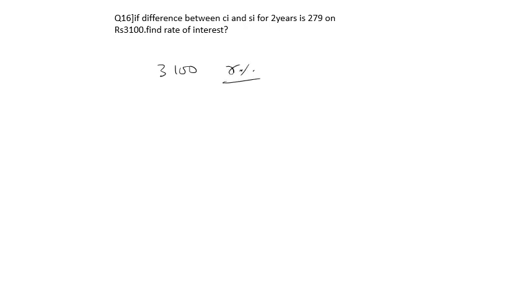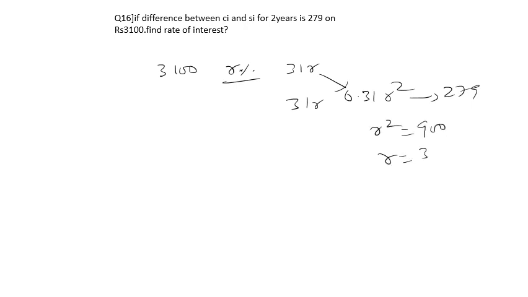So R by 100, then first year's interest is 31R, second year 31R, and R percent of this is 0.31 R square, and this part is given as 279. That implies R square equals 900. So R equals 30. This is the answer.